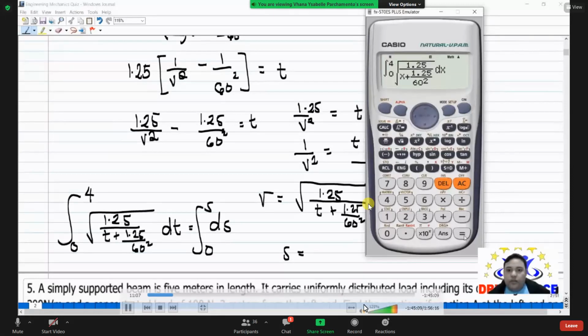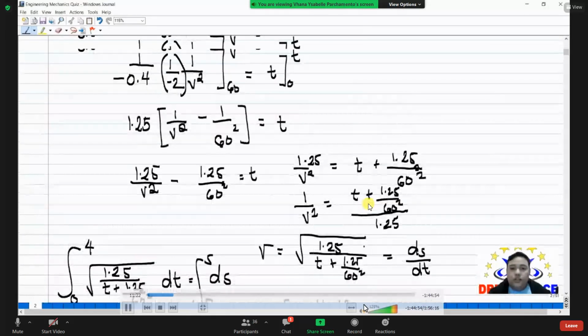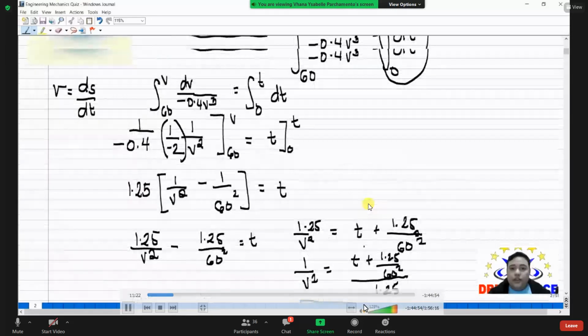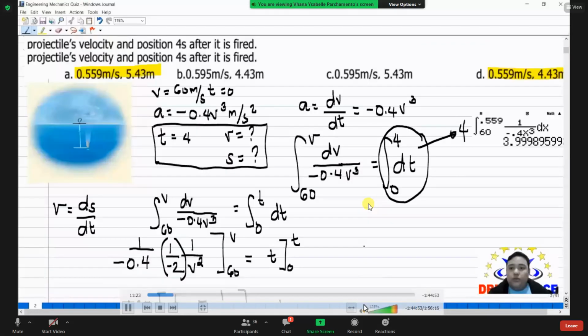Counting algebra lang dito. Okay, so that is 4.43 meters. So that is approximately equal to letter D. So hindi letter A yung sagot, letter D po yung sagot. Yan po yung sagot.